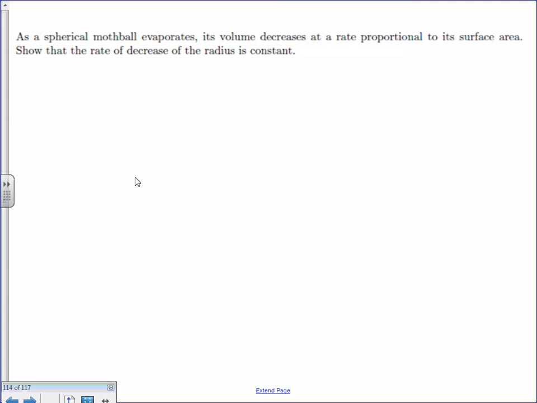Okay, as a spherical mothball evaporates, its volume decreases at a rate proportional to its surface area. So a quick word about what it means for 2 things to be proportional. Here, I'll write the sentence.